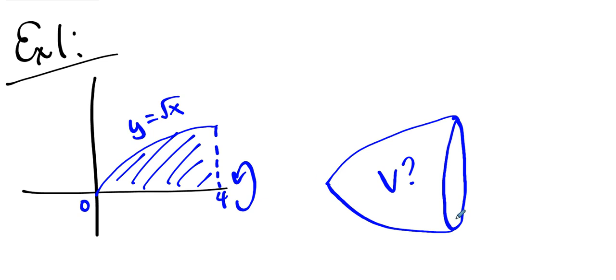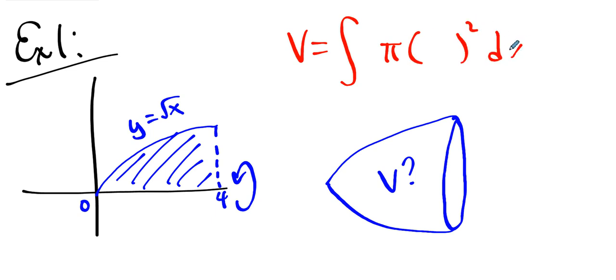The volume of that shape is an integral of pi function squared dx, from 0 to 4. The function is the square root of x.